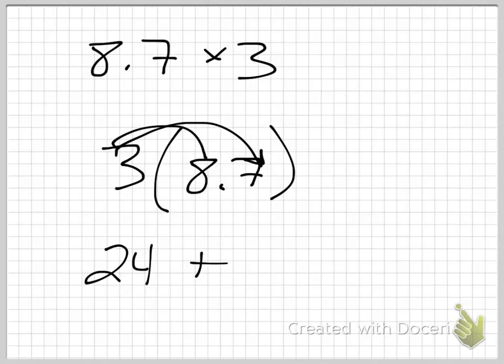No, what is 3 times 0.7? What is 3 times 0.7? 2.1. So it's 24 plus 2.1. What is 24 plus 2.1? 26.1. Do you see it?